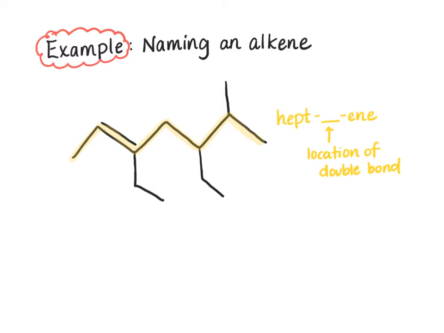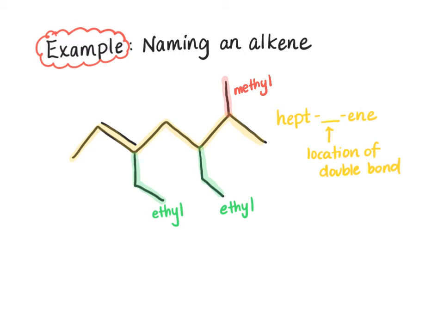Now we're going to identify our functional groups, so our branches. This branch here is an ethyl group, as is this branch, so we'll have 2 ethyls. And lastly, this little branch up here is a methyl group.